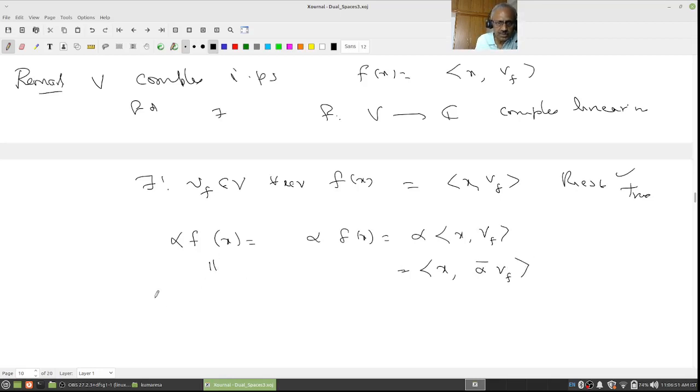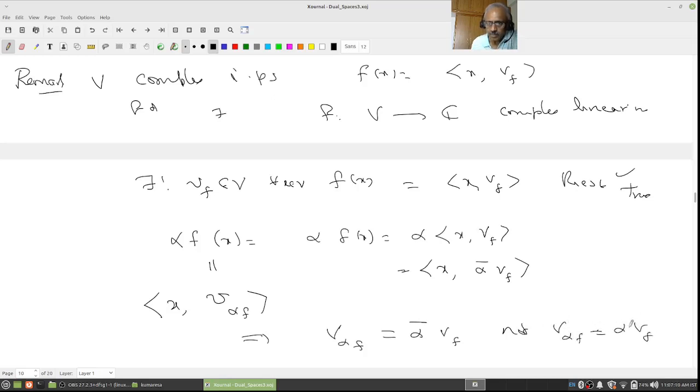And suppose this is true, x inner product v of alpha f; the uniqueness will tell me v of alpha f must be alpha bar times vf, not alpha.